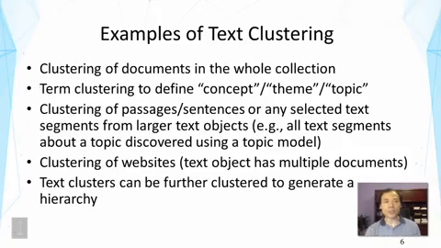Another example is to just cluster any text segments, for example, passages, sentences, or any segments that you can extract from a larger text object. For example, we might extract all the text segments about the topic, let's say, by using a topic model.